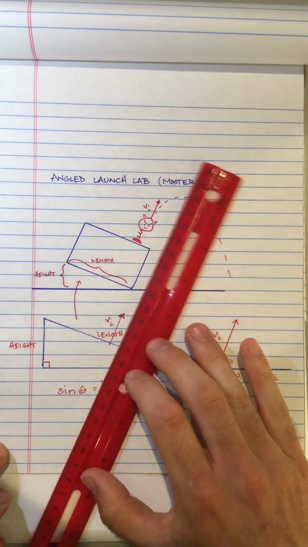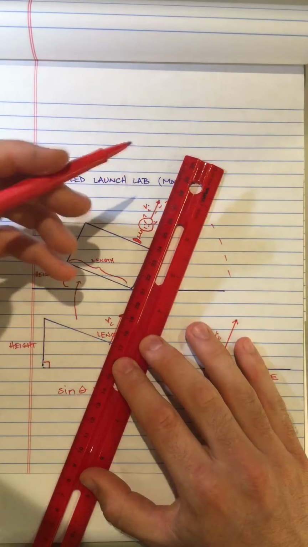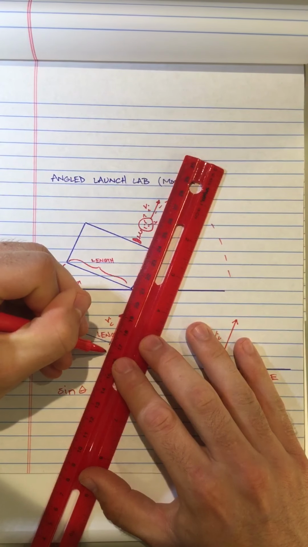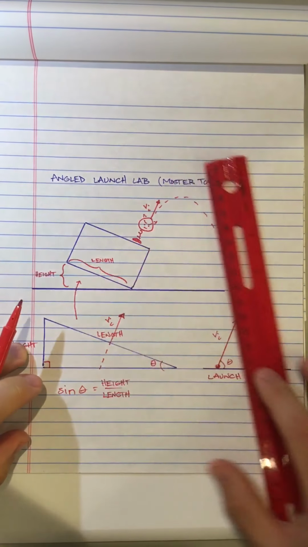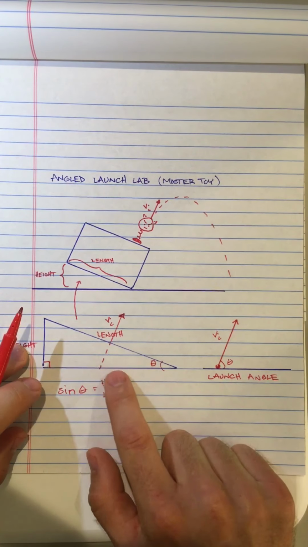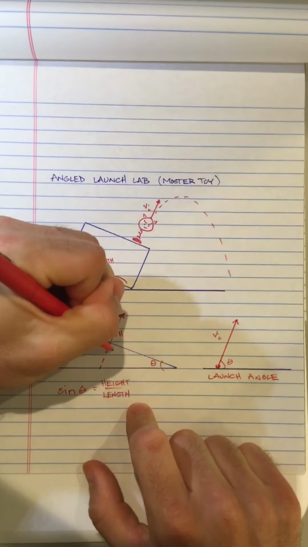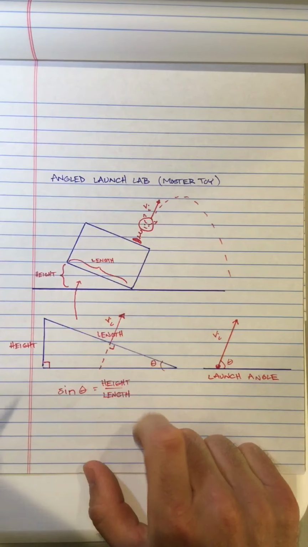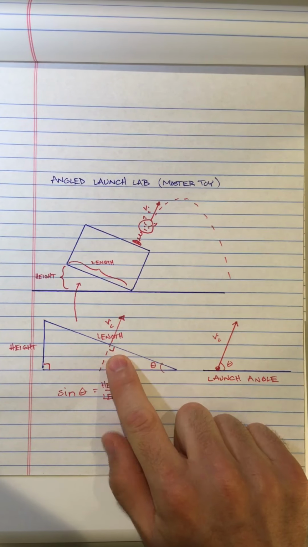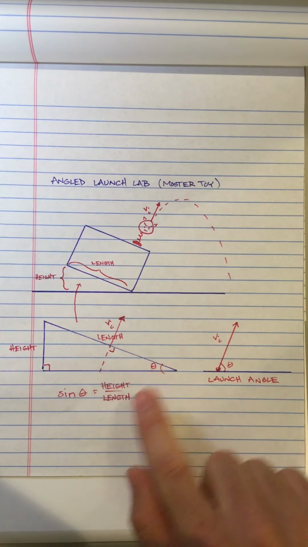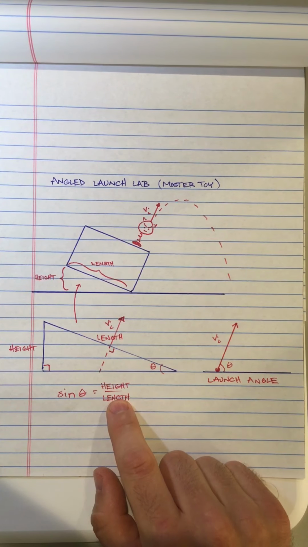If I take this initial velocity, which is in the correct direction, and keep drawing it back through this triangle right here, you'll notice it creates an upside down right triangle. So we know this is 90 degrees. We've just solved for this angle with some trig right here.